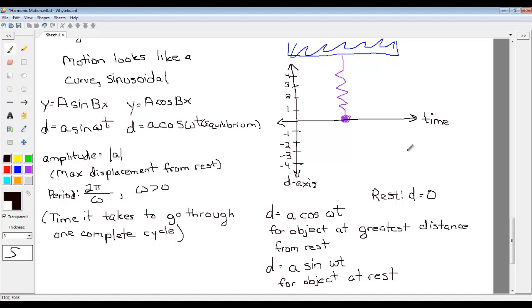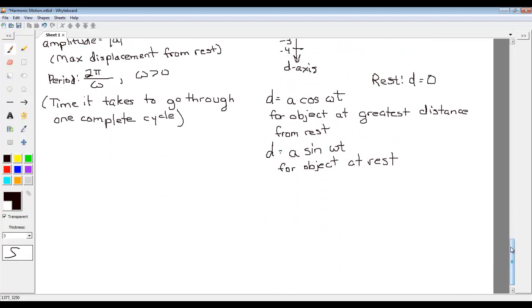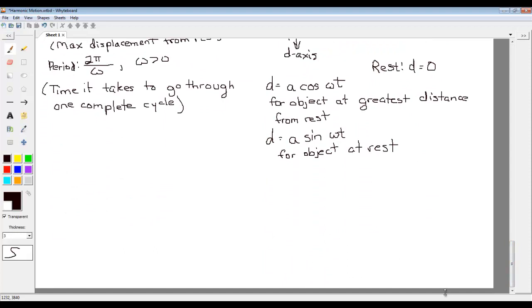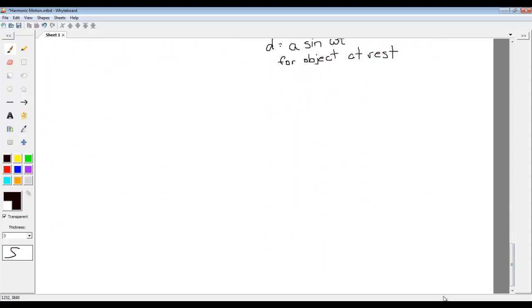Alright, so let's see how that translates into trying to write an equation. Let me do a word problem with you about how you make that happen. If you have an object that's pulled down a distance of 16 centimeters from its equilibrium and then released, and let's say that for this object to do one complete oscillation, it takes 6 seconds.